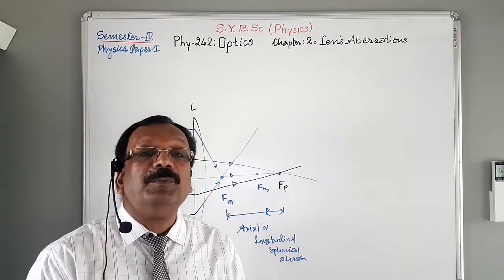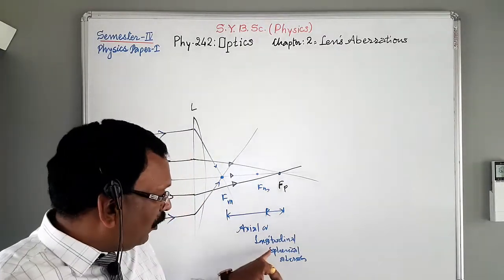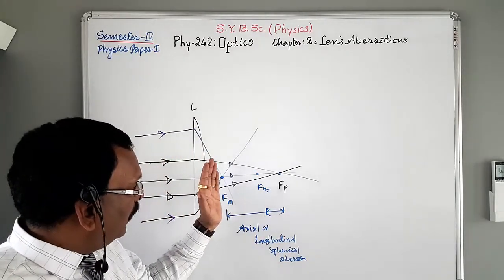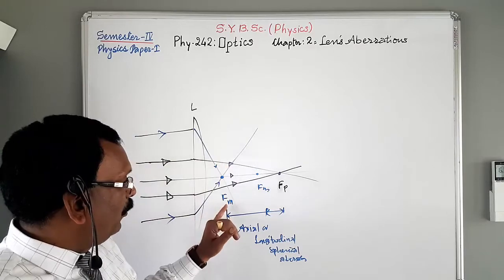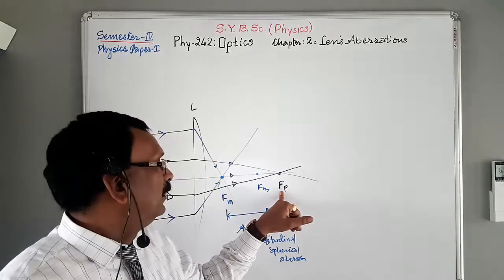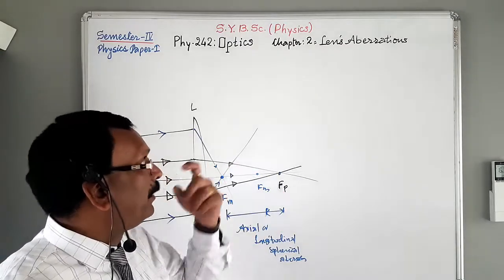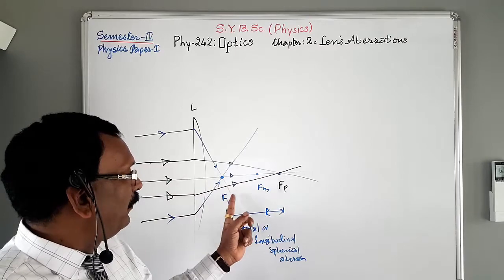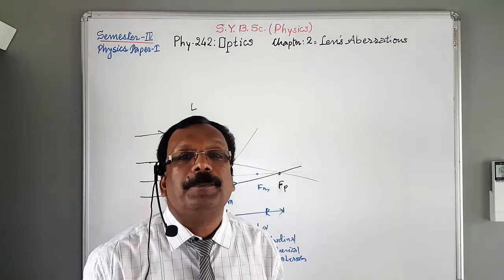That means in order to minimize the axial or longitudinal spherical aberration, we have to shift by hook or crook the focus due to marginal rays toward the focus due to paraxial rays. That means we have to reduce the distance between Fm and Fp.